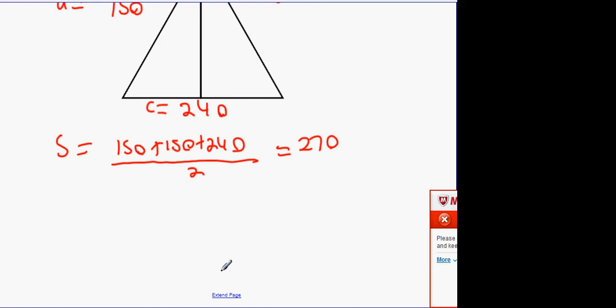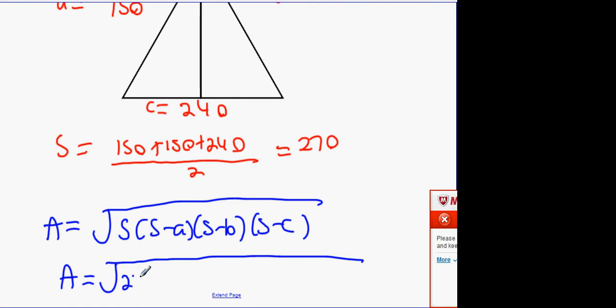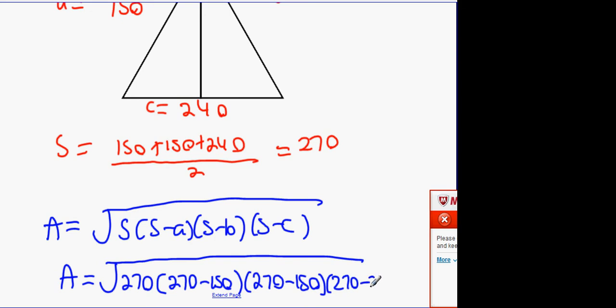Next thing is area. The area formula is the square root of S bracket S minus A, S minus B, S minus C. So we have 270 minus 150, 270 minus another 150, and finally 270 minus 240.